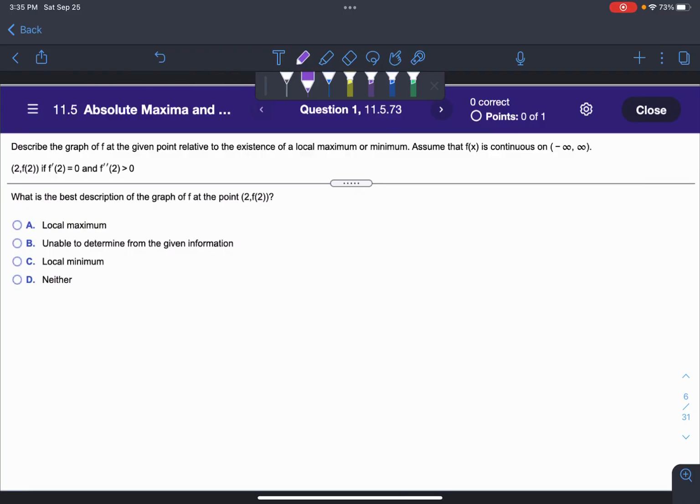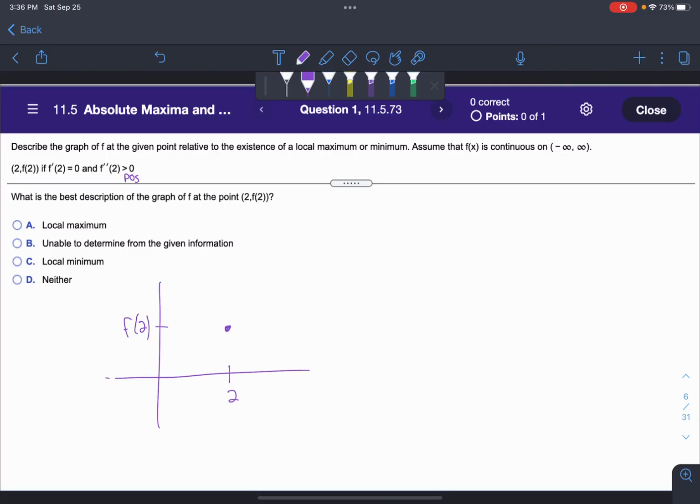Okay, so we now have some conditions here. We have the point 2 comma f of 2, with f prime of 2 equal to 0 and f double prime of 2 greater than 0. So greater than 0 means positive. All right, so we know that we have this point 2 comma f of 2.